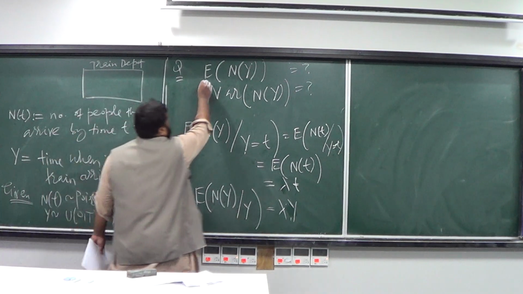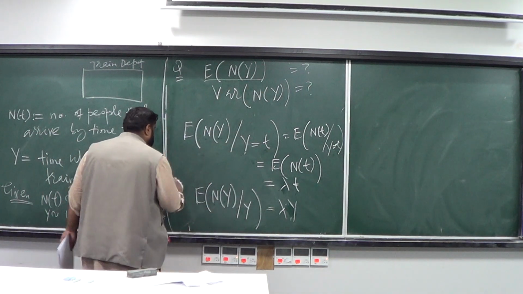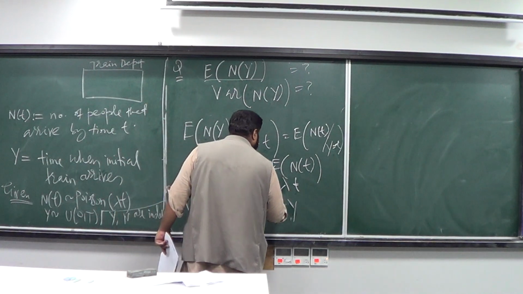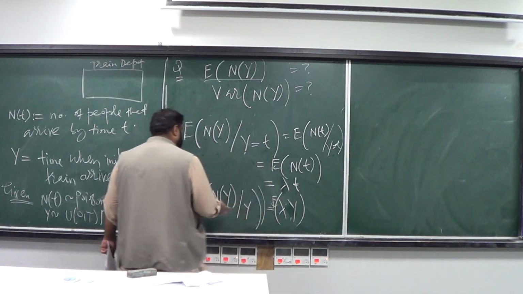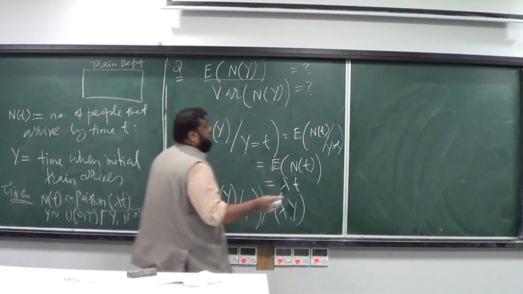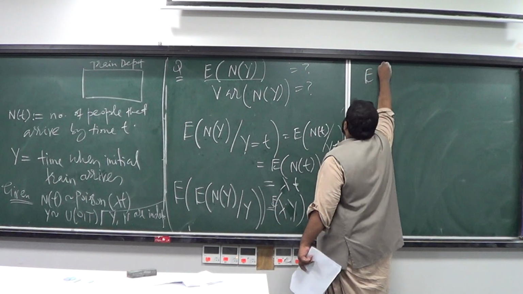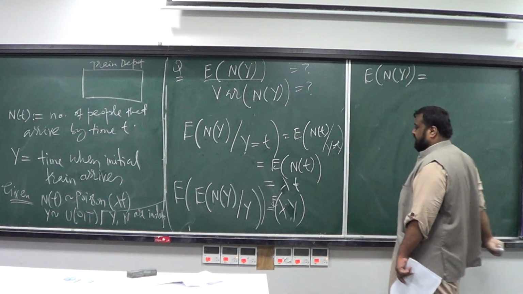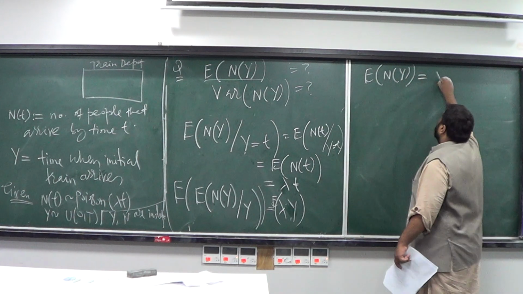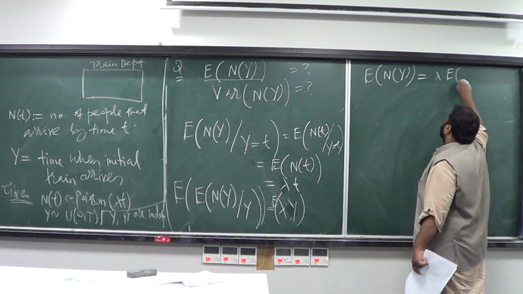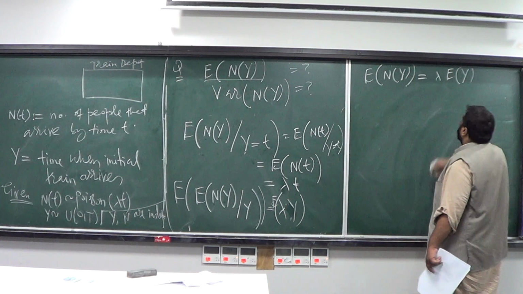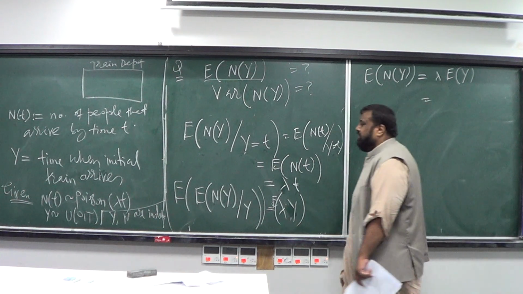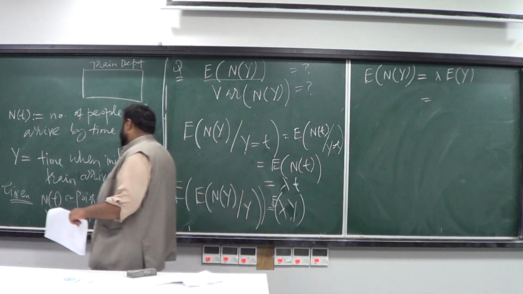I want to compute the expectation of this. So what should I do? Compute the expectation from both sides. Then this conditional expectation is really the expectation of N of Y, and this is equal to the expected value of Y. And what do we know about Y?